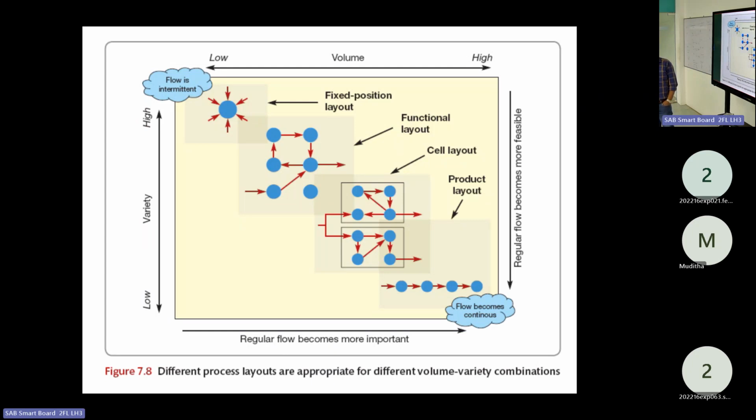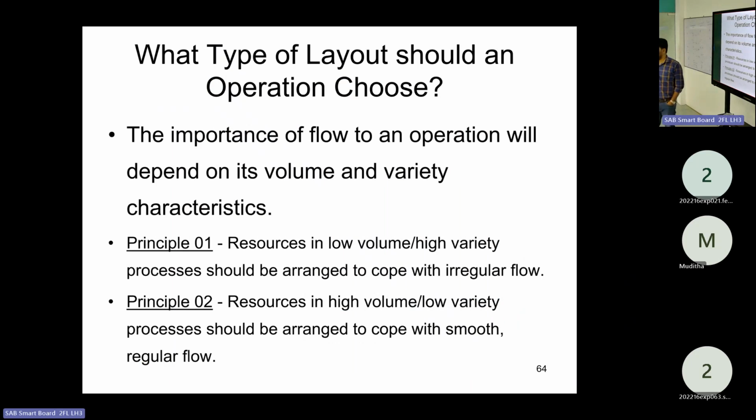you should know that there are 2 rules when deciding layouts for different operations. Since we completed process selection and layout both, now you should be able to understand these 2 principles.